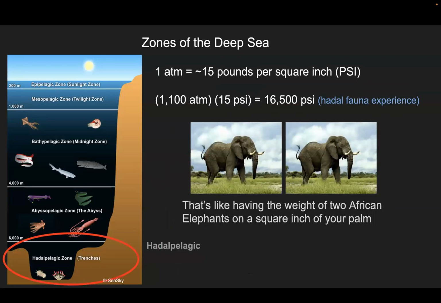Okay, so you and I right now can feel 1 ATM on us all the time, 1 atmosphere. That is how much pressure we are feeling 24/7, 15 pounds per square inch. So we don't really feel this 15 pounds per square inch because evolution is so cool. Evolution is amazing.